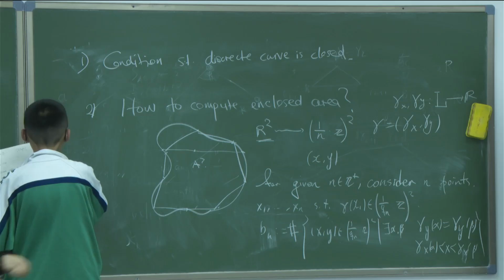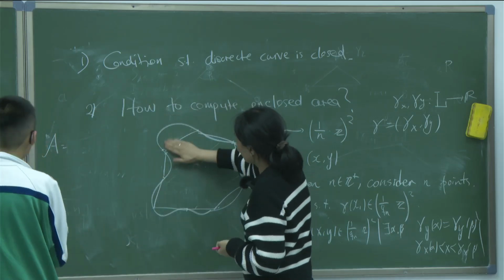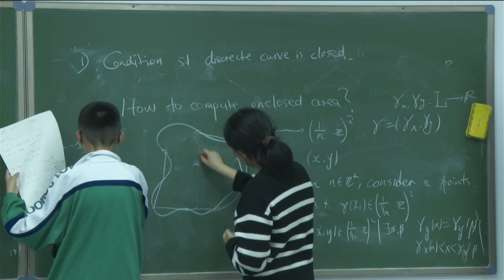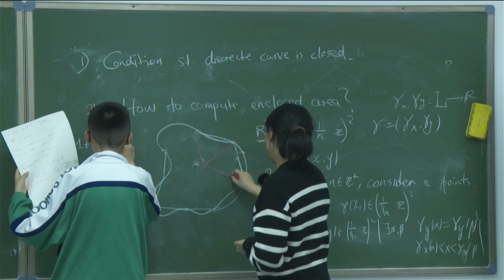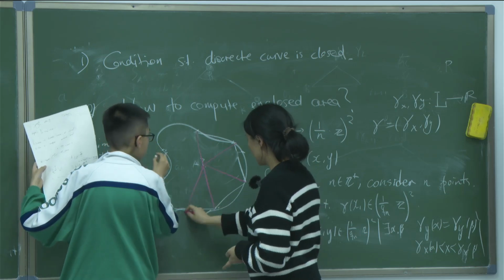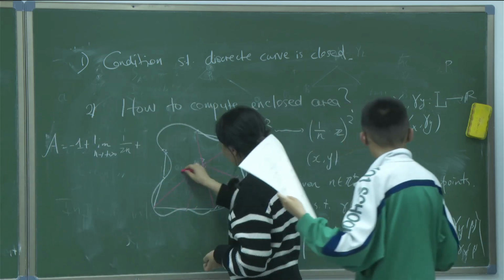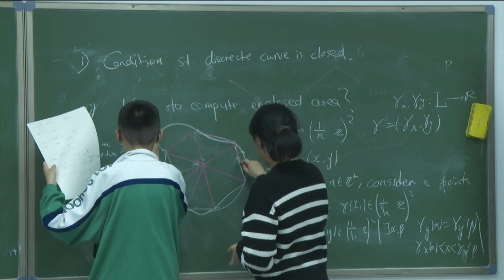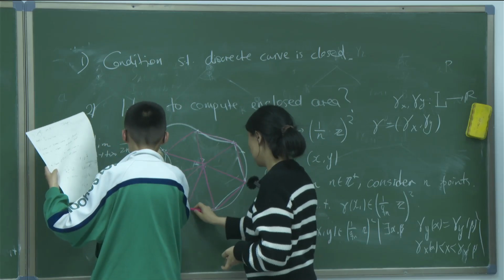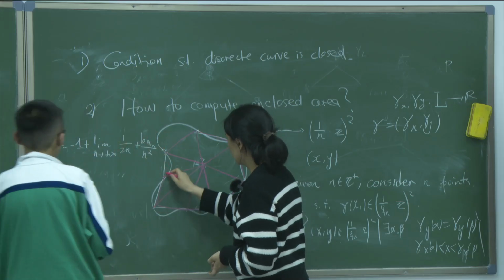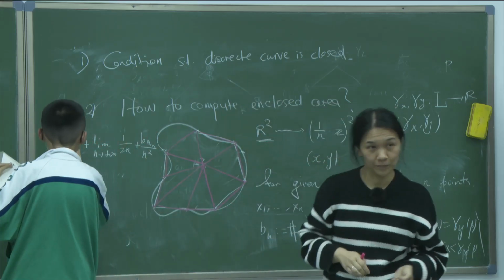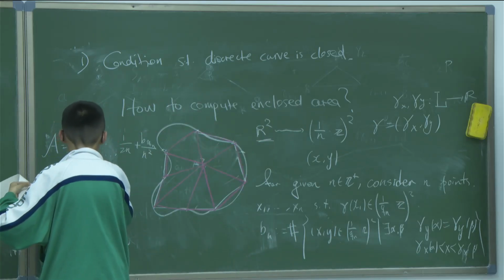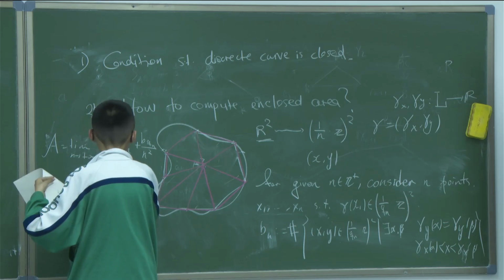Can I draw a picture? Let me draw a picture. A equals -1 plus the limit as n goes to infinity of 1/2n plus BQN over n squared.